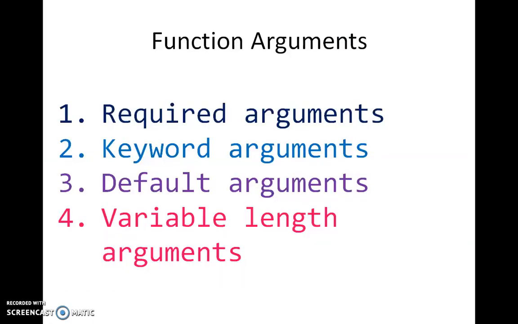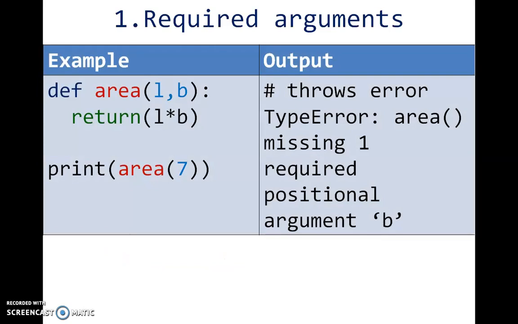Function arguments: required arguments, keyword arguments, default arguments and variable length arguments. Required arguments. Look at the example, def area(L, B). In this function definition, there are two parameters.